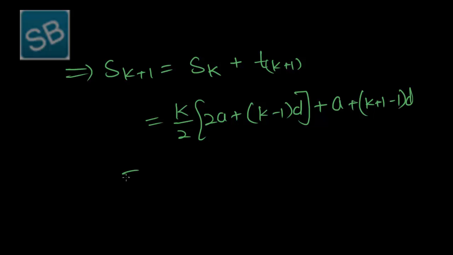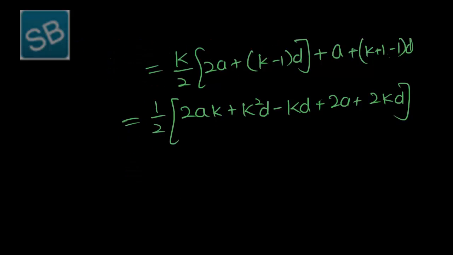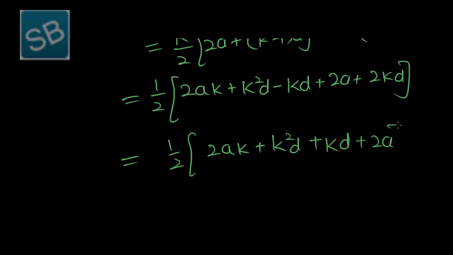So we get 1 by 2 outside and we get 2ak plus k square d minus kd, and by taking the LCM here, plus 2a plus 2kd. The 1 and minus 1 cancel out. So here we get half of 2ak plus k square d plus kd, that is minus kd plus 2kd, kd, plus 2a.